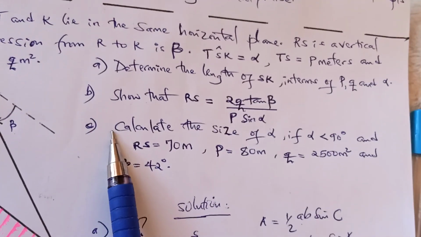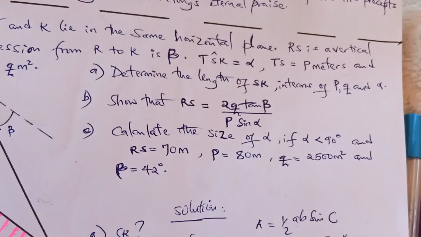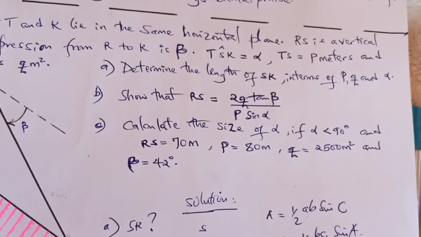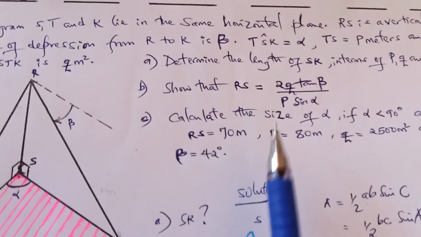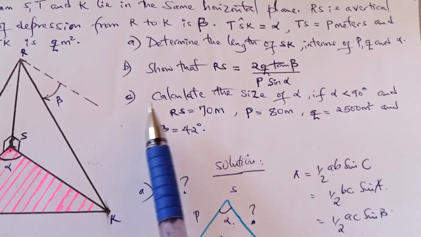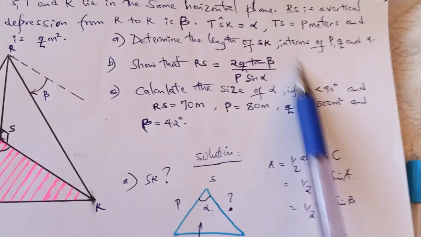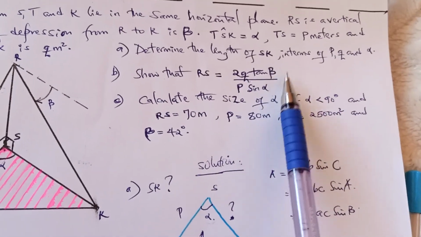So some questions would even start by saying, hence, calculate the size. Okay? So it means there's no way you can get to part C without first being sure that part B is correct.